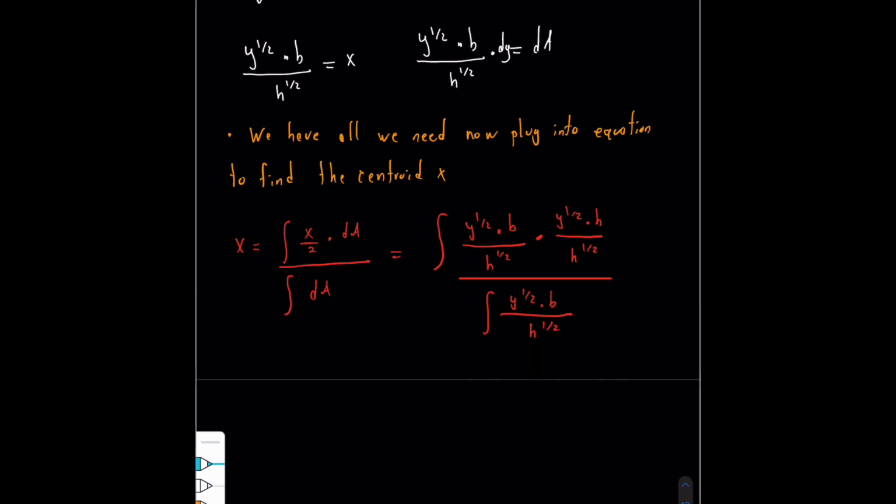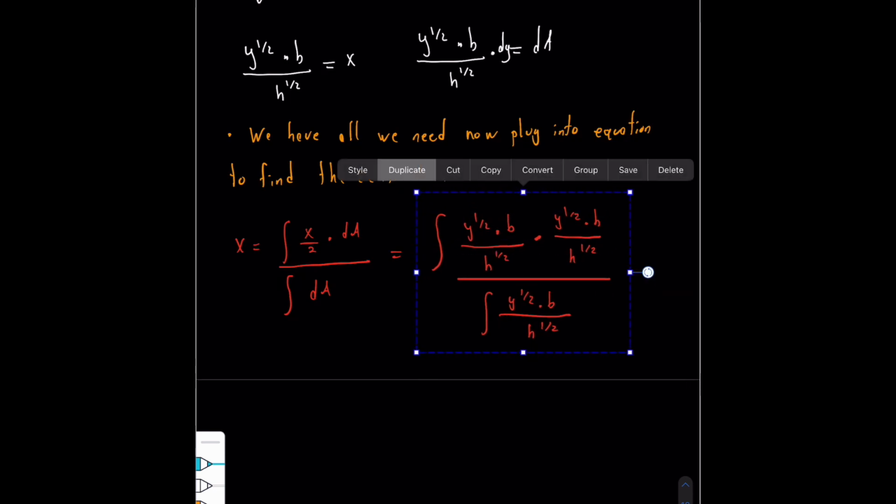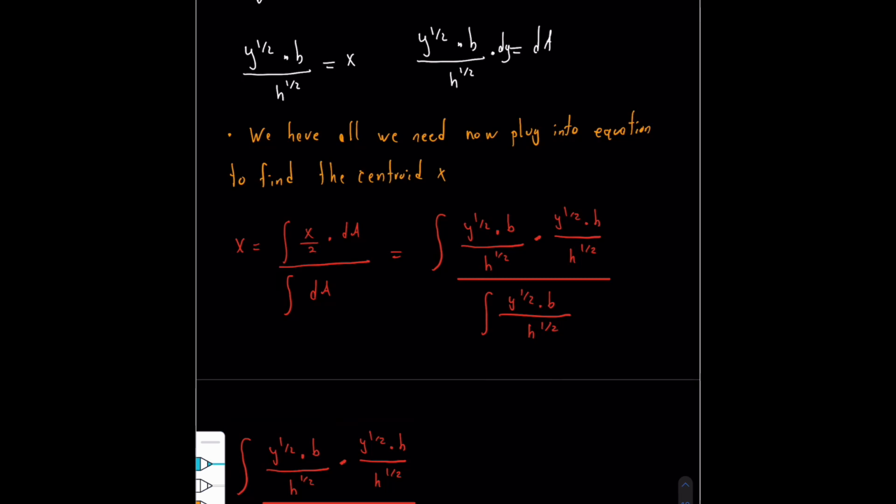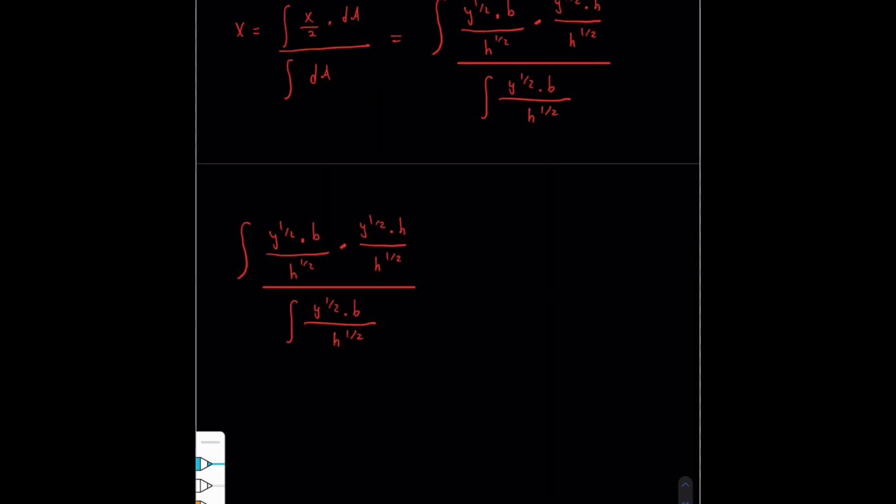Okay, so I'm going to solve the algebra for this part real quick. Notice here how you have a y^(1/2) and y^(1/2), or a square root basically. These are going to eliminate their square root when you multiply them together. Same for these h's for the heights. This is a b here.